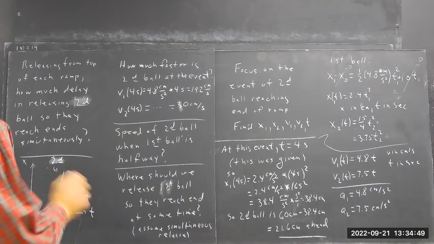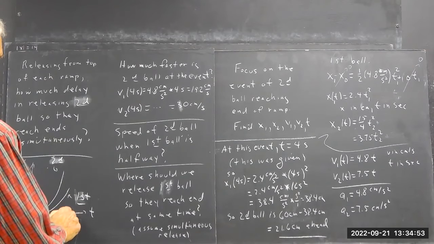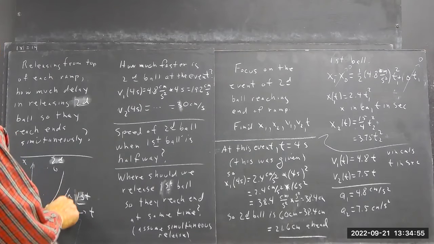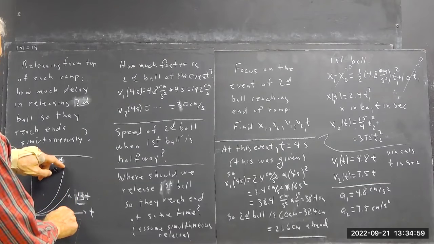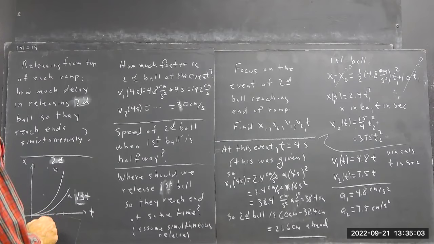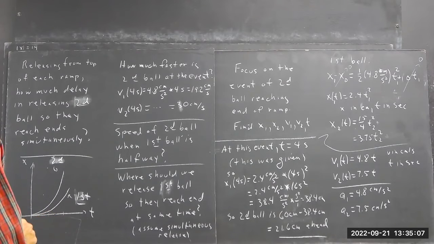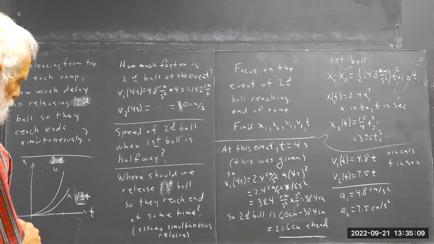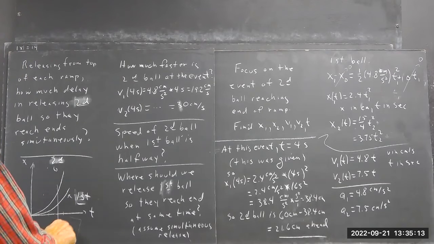This is the first, okay, sorry. If I put 4 seconds here, the second ball will be more than twice as far as the first. If I put 4 seconds over here, the second ball is still more than twice the distance of the first. So it's not a particularly good diagram, but let's just say, okay, here's 4 seconds.